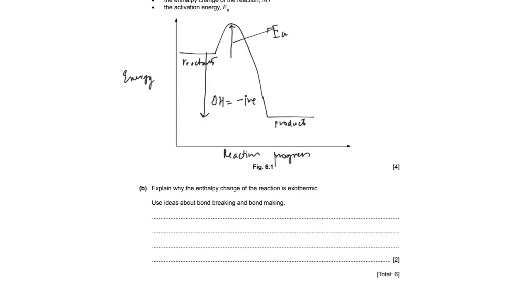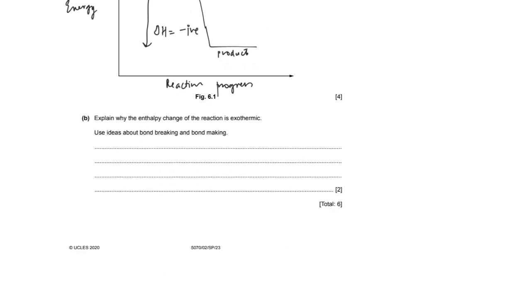Okay. Now explain why the enthalpy change of the reaction is exothermic. Because energy released, you have to write 2 points here, that energy released is greater than energy absorbed, and you have to link the energy released with bond making and energy absorbed with bond breaking. So you can just merge these two different concepts into a single sentence.